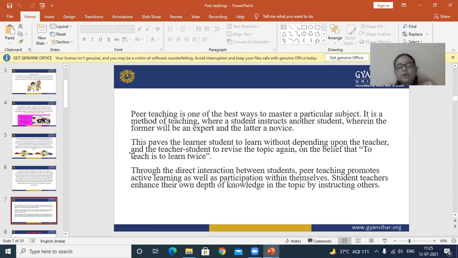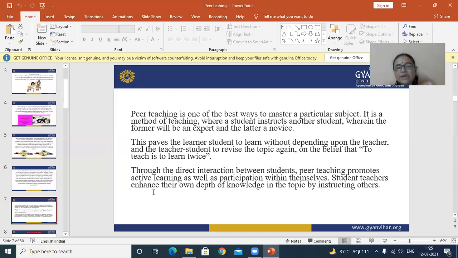This empowers the learner student to learn without depending upon the teacher, and the teacher student reviews the topic again, on the belief that to teach is to learn twice.